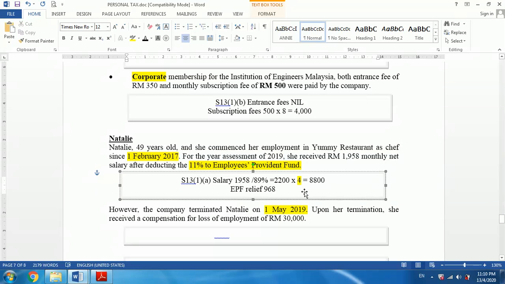And because the salary has EPF deducted, there will be an EPF using 8,800 times 11%. You get the answer of 968. The maximum of EPF is 4K, so she is going to take this 968 as her EPF relief.